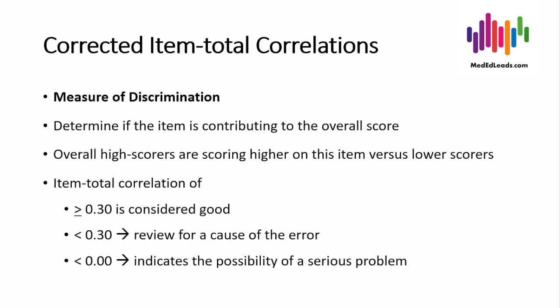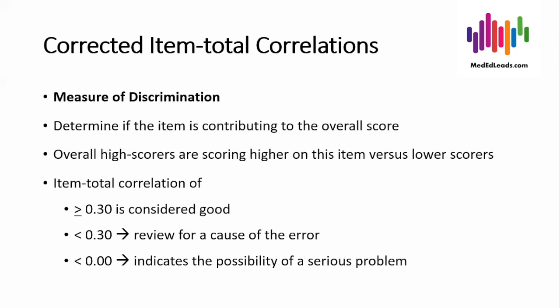This is what is expected on a good exam. So suppose there is a question or a station on which your good students started to perform lower, and your not so well prepared students have started to perform higher.